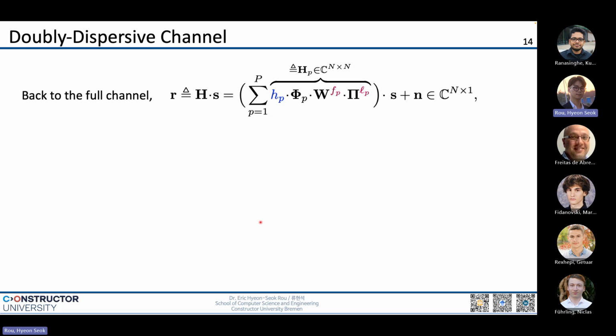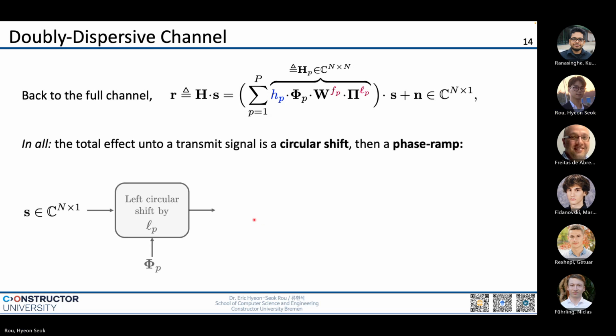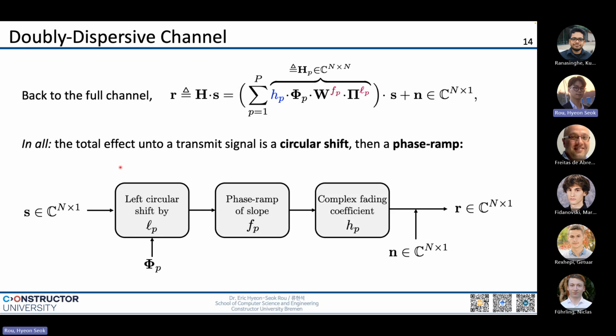So going back to the channel, as we have understood the behavior of the effective channel, we can see that given a signal S, this is equivalent to a left circular shift by this L of P, of course with some effect of the prefix, but for now we forget about the prefix. So we get a left circular shift by L of P indices, then a phase ramp.